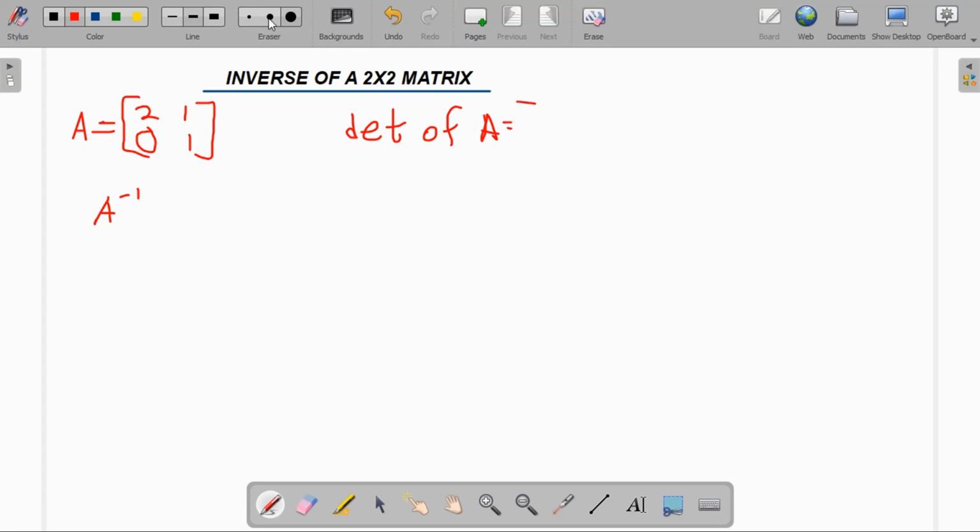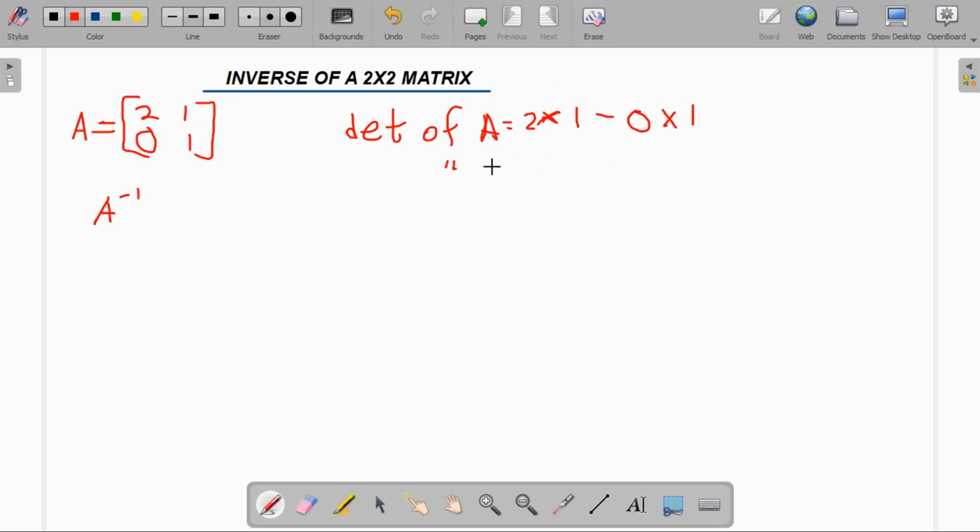so first we find the major diagonal. You multiply the elements in the major diagonal, and then you multiply the elements in the minor diagonal. So we say 2 times 1, minus 0 times 1.